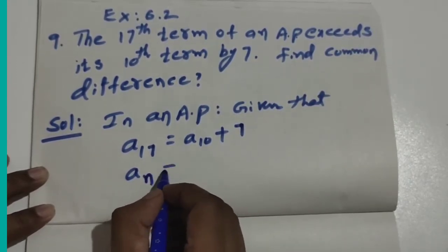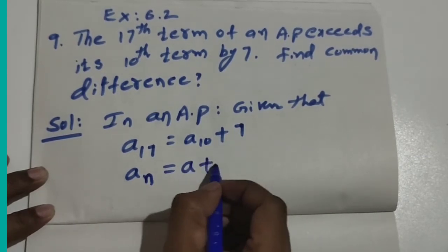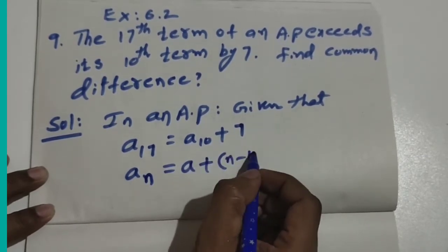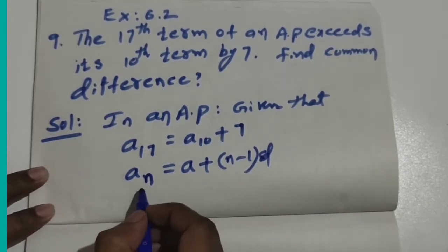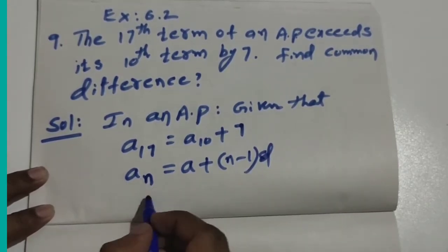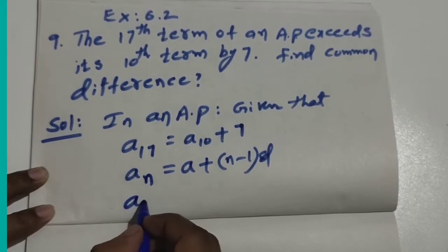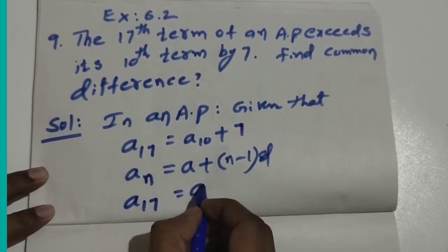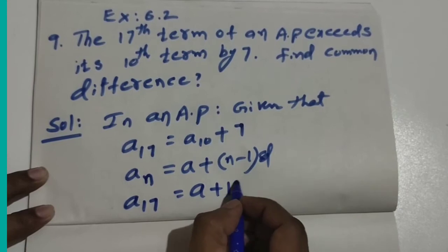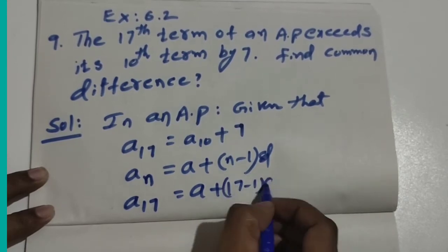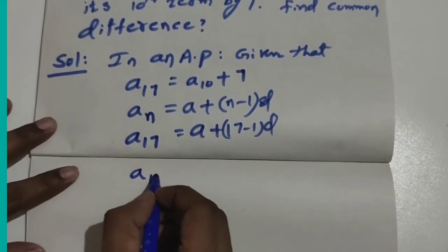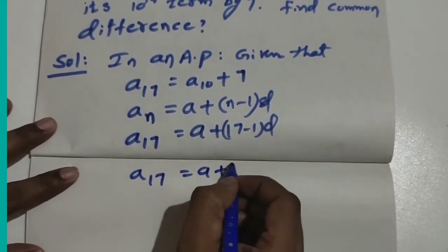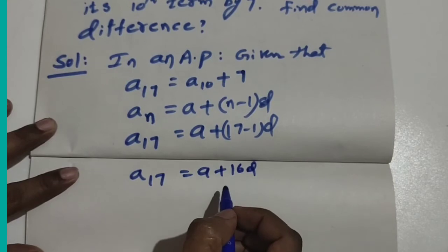So what is the AN formula? AN is equal to A plus (N minus 1) into D. Now here A17 is A plus (17 minus 1) into D, that is, A17 is equal to A plus 16D.